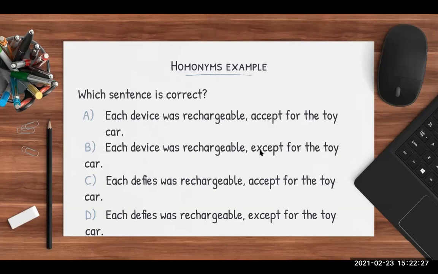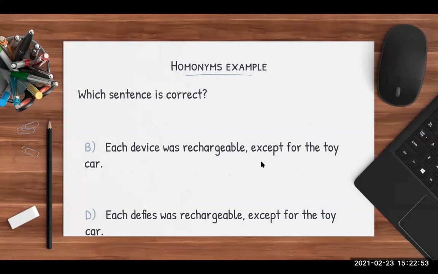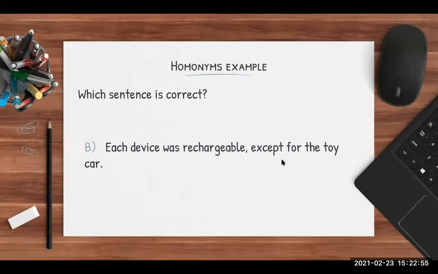For example, the "ex" here usually means it's a negative, like pushing something away from you. So an exception, an exemption, things like that. So since this is a toy that is being set apart, you could also guess from that it would be "except" with an E. And we're left with our correct answer.